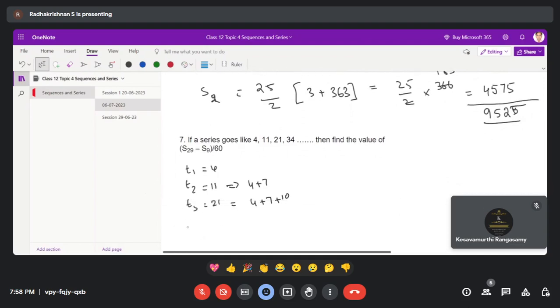So what will be Tn? 4 plus 7 plus 10 plus 13 and so on. So the Tn here, since the first term is 4, only the remaining terms are n minus 1.